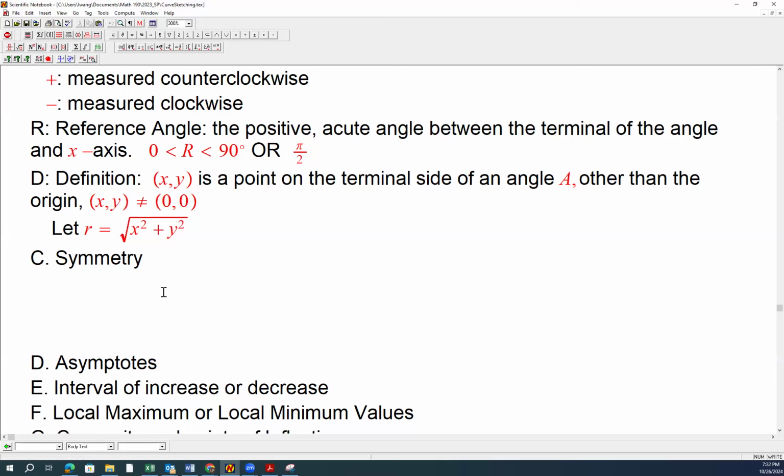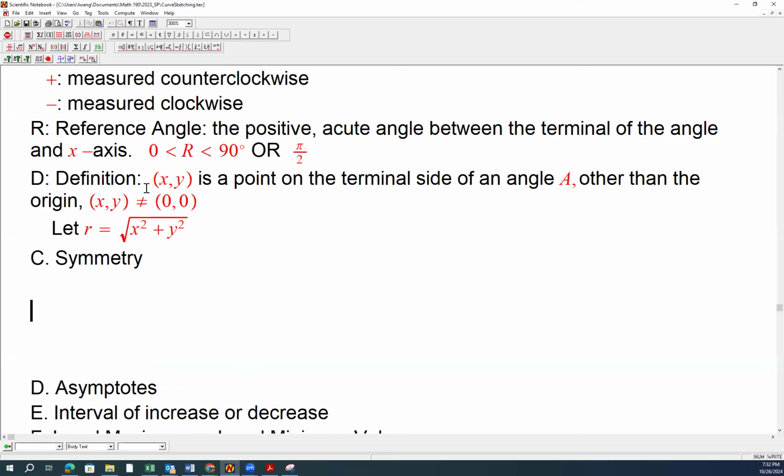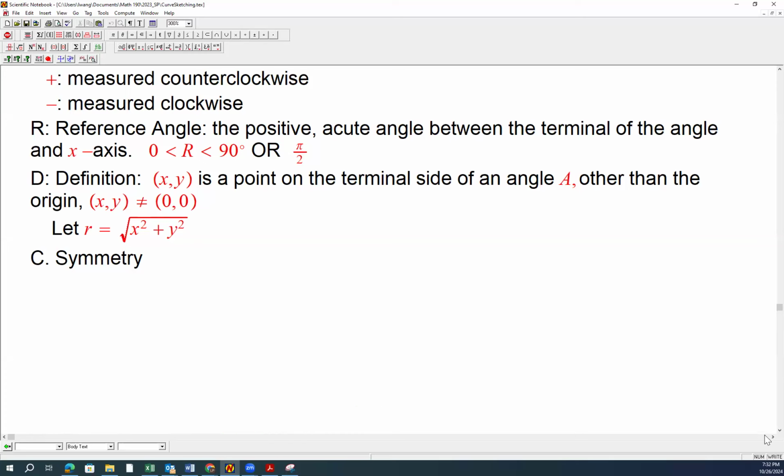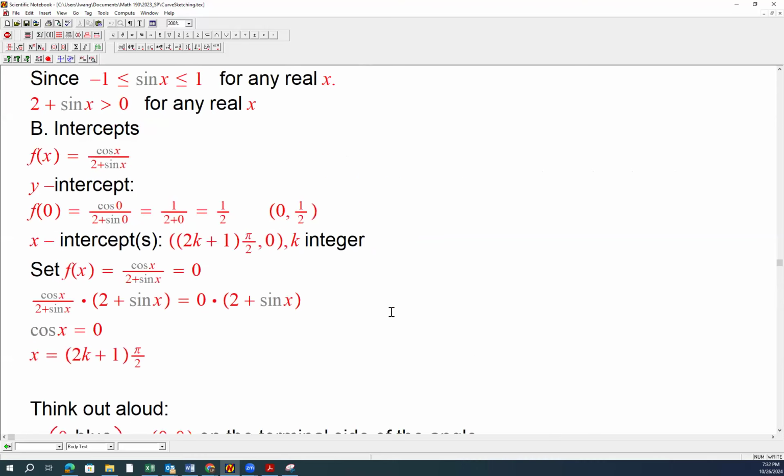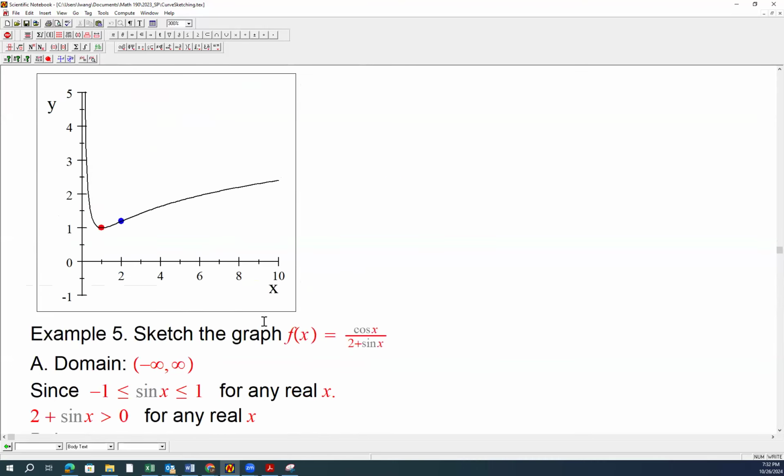So let me show you the sine curve. Okay, so this will also be think out loud. Let me bring our function with us.